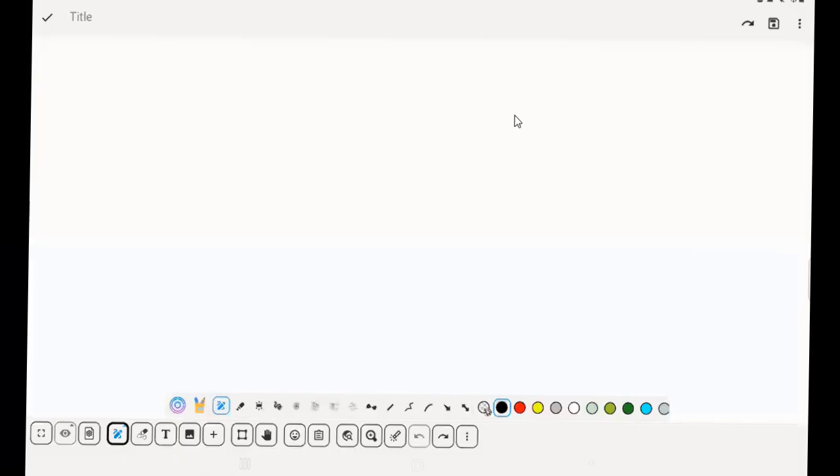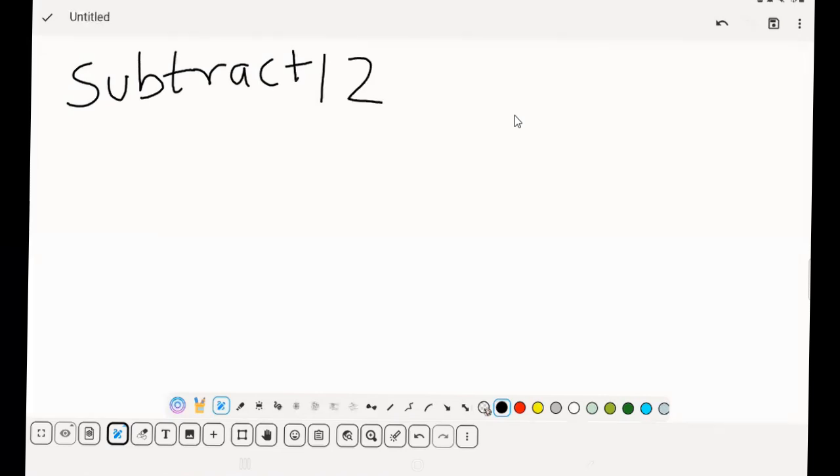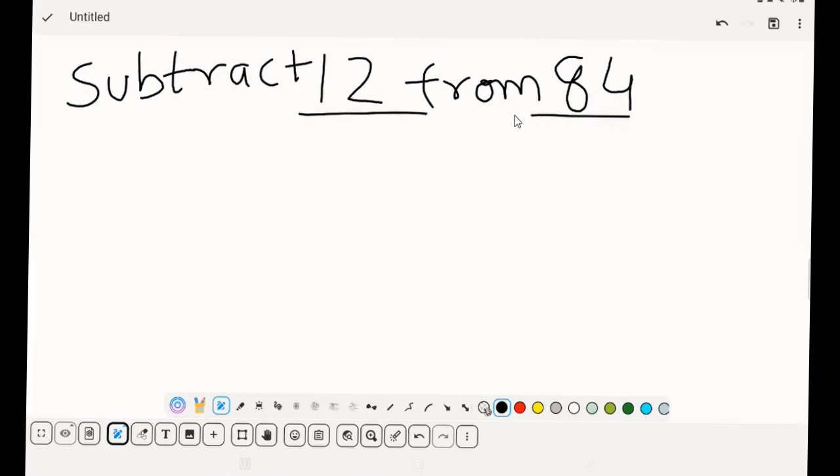Okay. Now the next example is, suppose, subtract 12 from 84. And how will we do that? Step number 1 is we have to write the numbers in TO pattern.